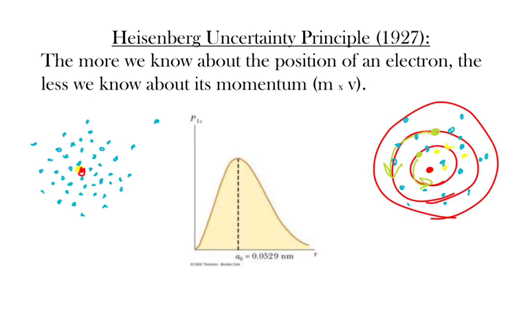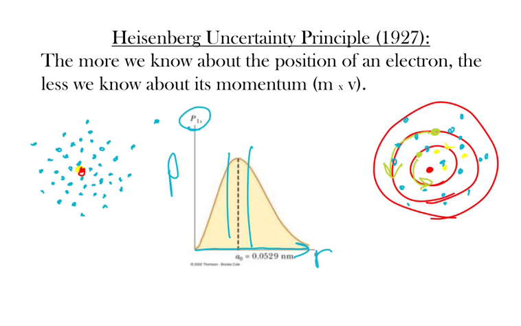So what Heisenberg gives us is this graph where we have probability along the y-axis, and I don't know if you can see it, but there's a little p right there. That means probability, and then we have radius along the x-axis. What he's saying here is as we travel away from the nucleus, when we get to a certain point away from the nucleus, we have a really high probability of finding an electron.